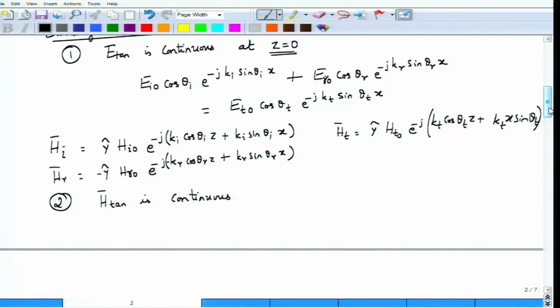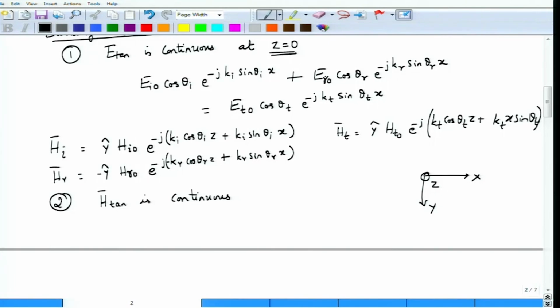If you look at the expressions for the incident, reflected and transmitted H fields, we will see that all these fields are tangential to the interface, because the interface is characterized by the vectors x and y, whereas z is the direction along which the wave is propagating, and z equal to 0 is the boundary which separates the two media with impedances eta 1 and eta 2.